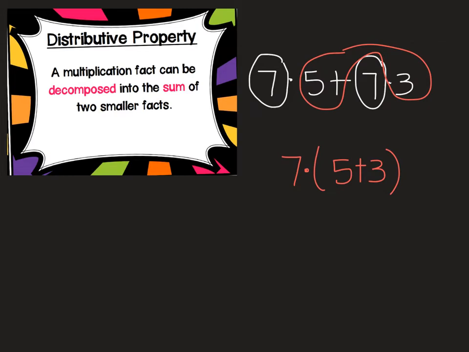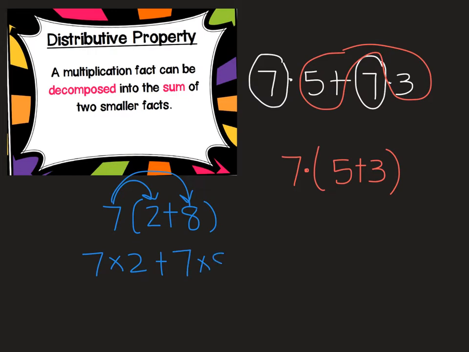Let's look at another example. If I have an equation like 7 times 2 plus 8, I can distribute that 7 to the 2, 7 times 2, plus 7 times 8.